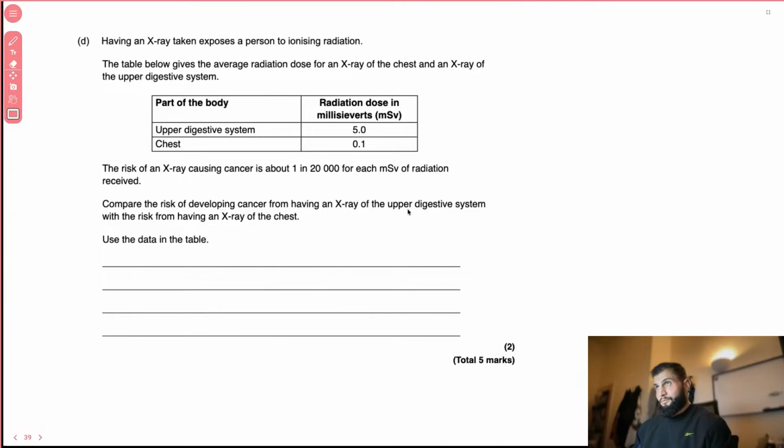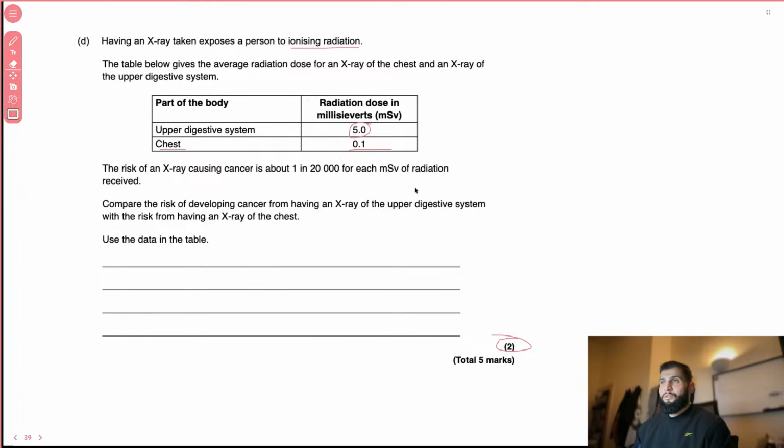So we got 2 marks. Having an X-ray taken exposes a person to ionizing radiation. So the table below gives the average radiation dose for an X-ray of the chest and an X-ray of the upper digestive system. So we can see here the upper digestive system gets about 5 millisieverts, and then the chest is 0.1.